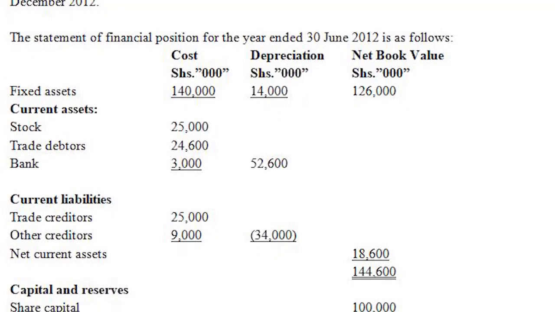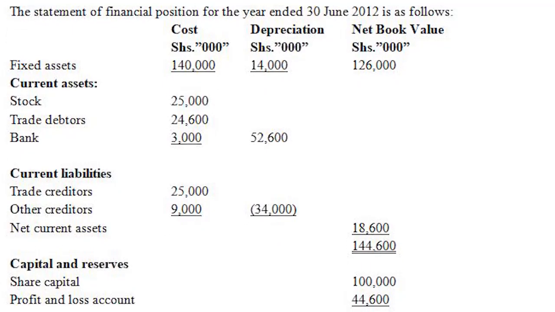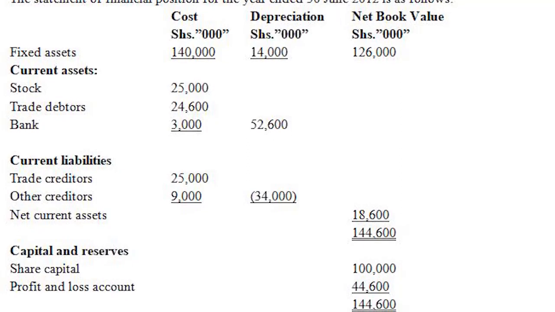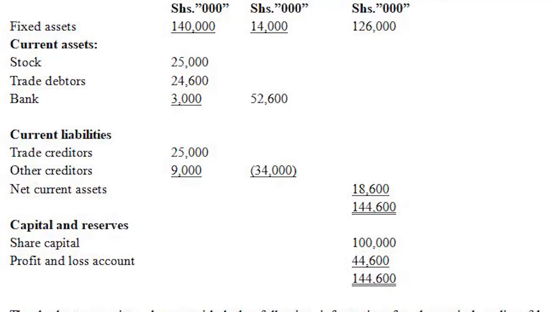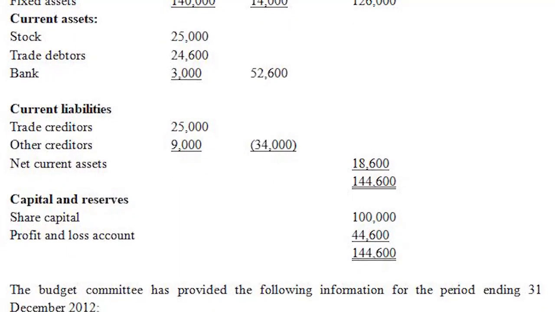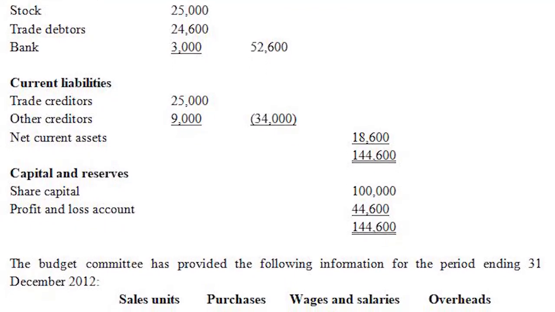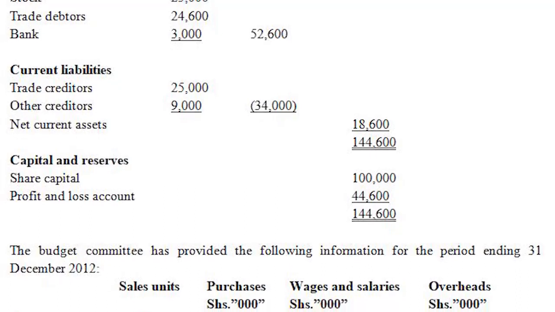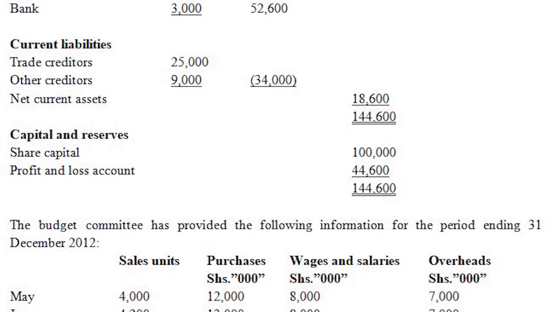Net current assets 18,600, total assets 144,600. Capital and reserves: share capital 100,000, profit and loss account 44,600, total capital and reserves 144,600.